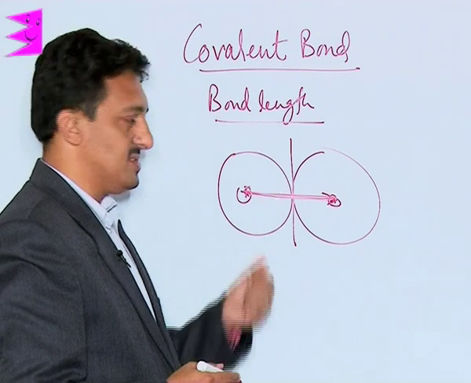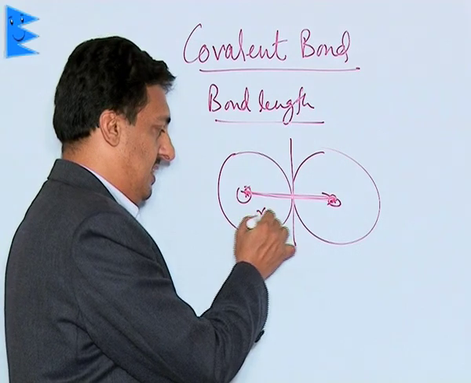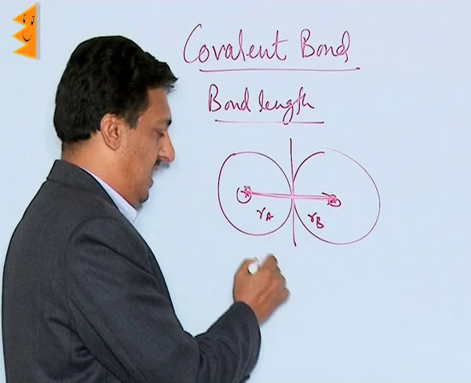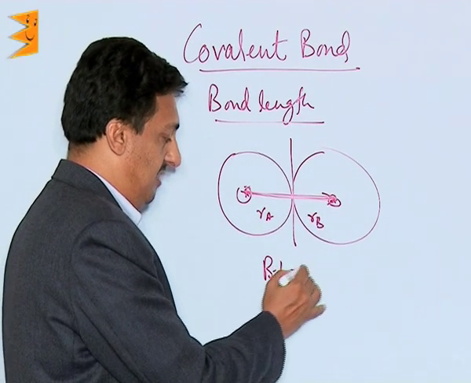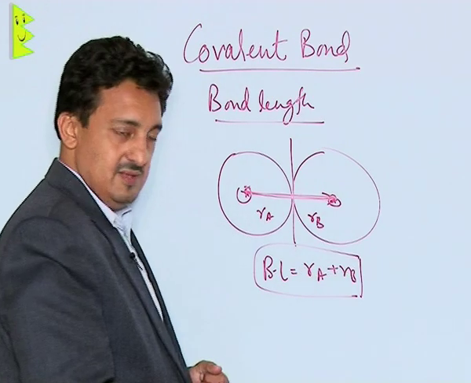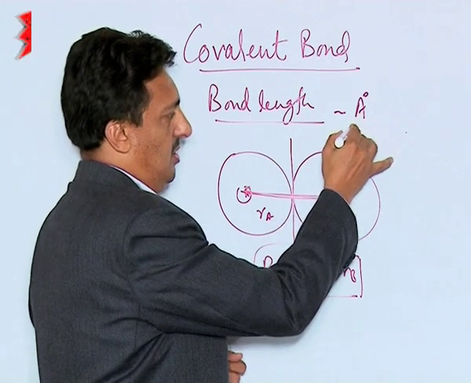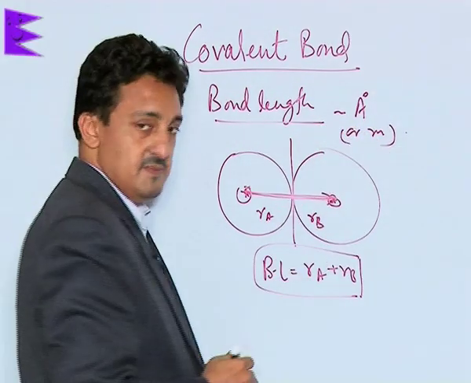So this is what the distance is called. This is called your bond length. If this is the radius of A atom, this is the radius of B atom, your bond length will be the sum of these two. Bond length is usually expressed in Angstrom units or in meters.